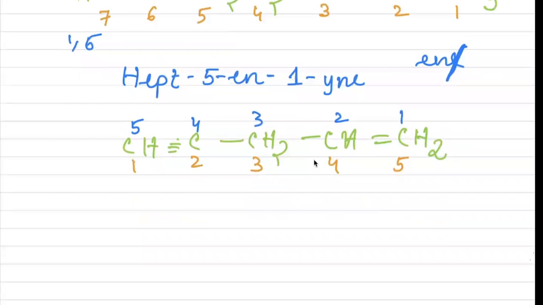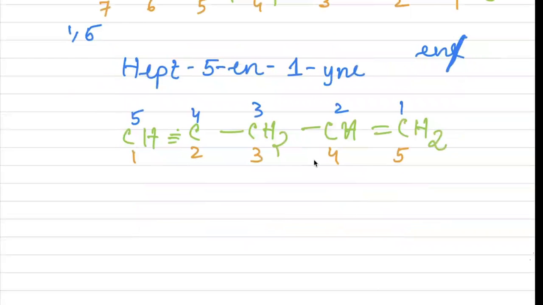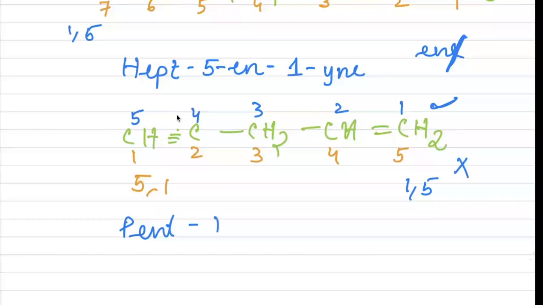So here the set of locants is 5 and 1. And if I do the blue one, that is also 1 and 5, both are the same. So if both are the same, then we have to take the preference of the double bond. The double bond will be preferred first. So obviously the blue one is correct, the yellow one is not. So that's why the name will be pent-1-en-4-yne.